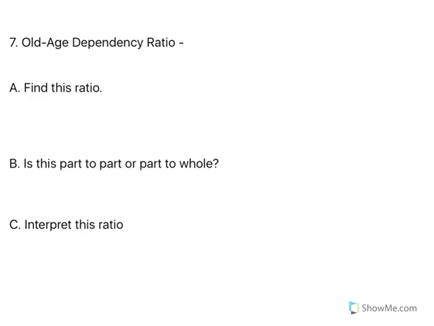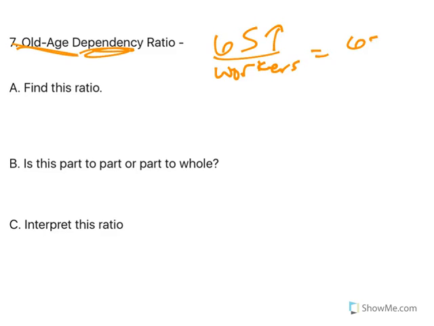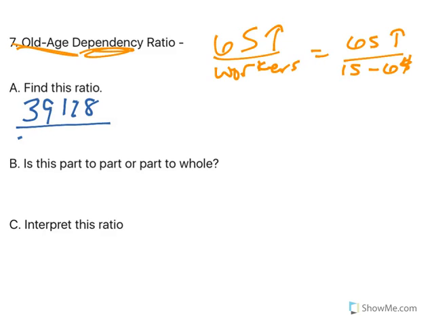And that leads us to the old age dependency ratio. So old age, hopefully you think, oh, old age, that's 65 and over. Those are the old people. And if it's a dependency ratio, we're comparing it to the workers. So 65 and over compared to the 16 to 64. So if we find this ratio, again, 65 and over, we just had that number, 39,178, compared to the 204,777.